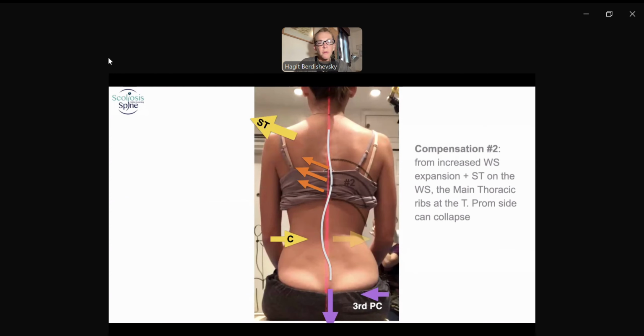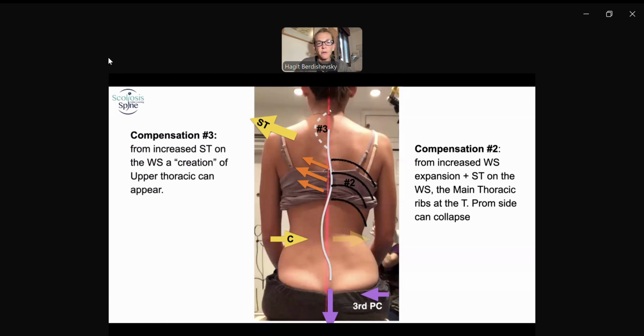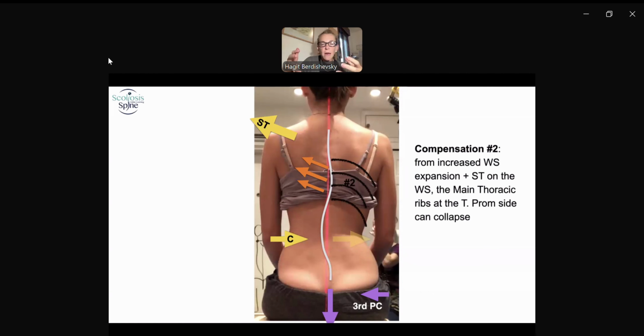The next compensation is compensation number 2. With correcting the compensation that happened, that the thoracic went from right to left, at the same time, in the same region, I see that the ribs are going to collapse.